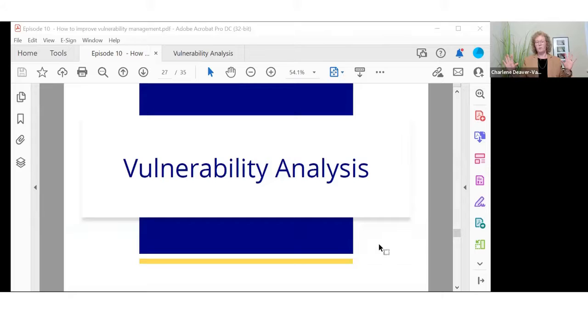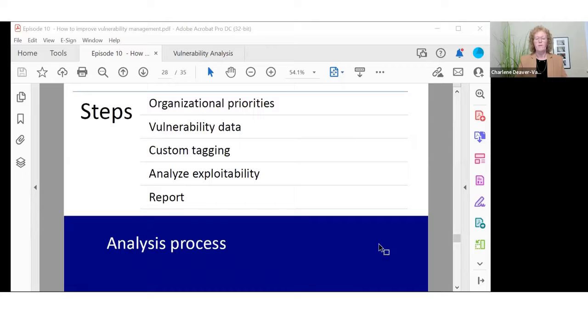So now let's talk a little bit about the vulnerability analysis. There are a few steps in the process. Number one, we already talked about getting the organizational priorities, so you already have in your hands your architectural diagram. You already know what the most important systems are that are the priority to the business. You know what functions are the priority to the business, right? You know where the critical data lives, right? So you already have that. Now you're going to get your vulnerability data. We talked about using the scanners, and it's going to produce that.